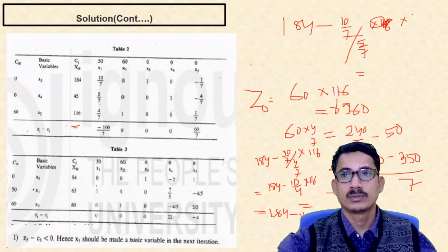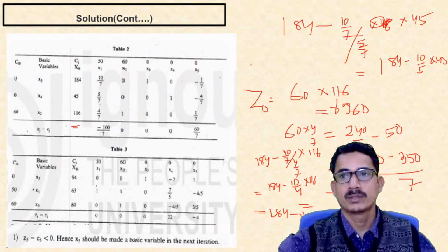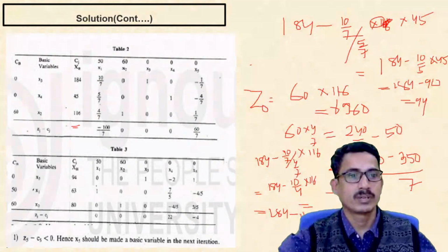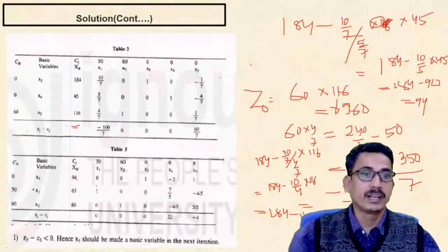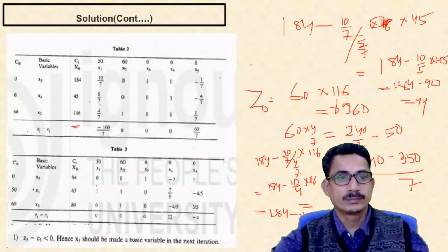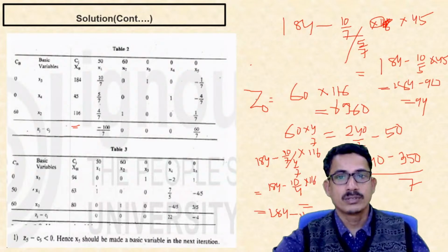What do you get? 184 minus 10 by 5, which is 2, into 45, which is 184 minus 90, which is 94. Check, 94 is written. Let me repeat again, because x4 is out.